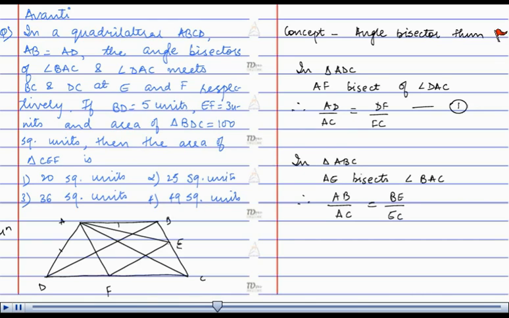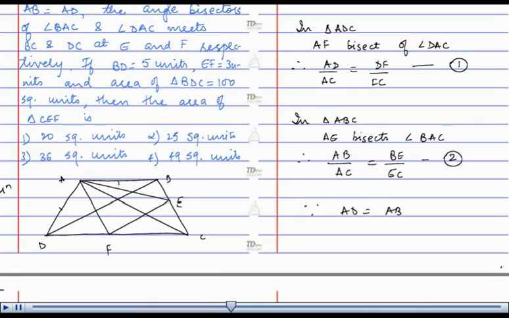Call this equation number 2. Since AD is equal to AB as given in the question, comparing the above two equations, we can write AD upon AC is equal to BE upon EC. Call this equation number 3.